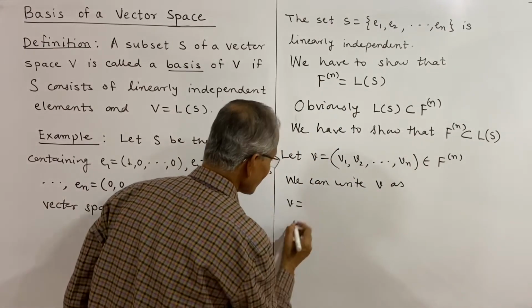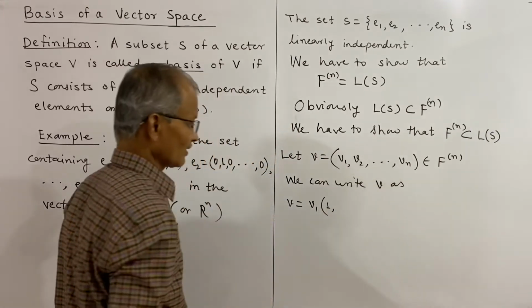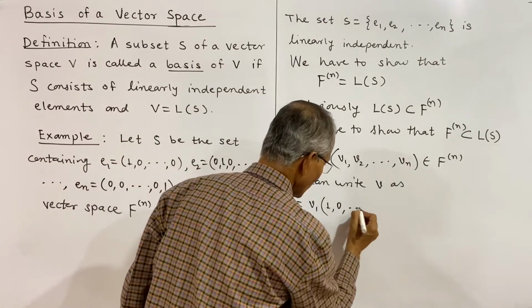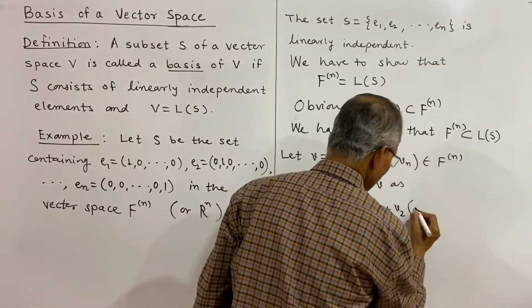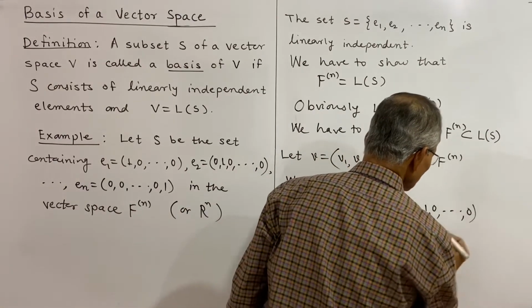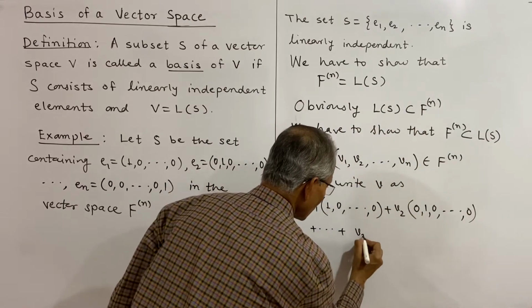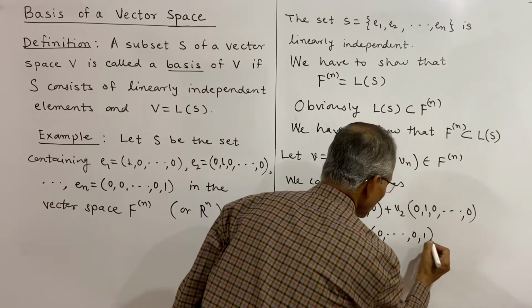V is equal to V1 multiplied by the vector 1, 0, up to 0, plus V2 multiplied by the vector 0, 1, 0, 0 and so on, plus Vn multiplied by the vector 0, 0, up to 1.